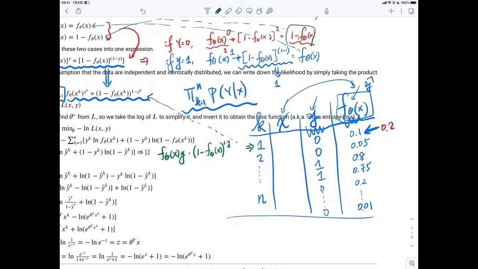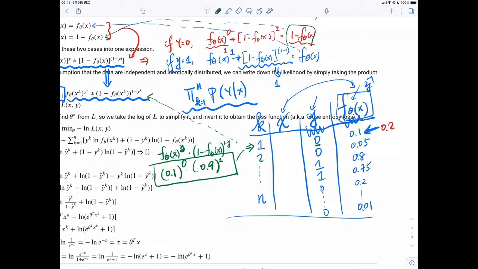What is that? This one, which is 0.1, right? And the y is, sorry, it should be the power. What is y? Y is right here, 0, right? The right hand side should be 0.9, and the power is 1 minus 0, which is 1. So that is exactly the likelihood for theta 1.